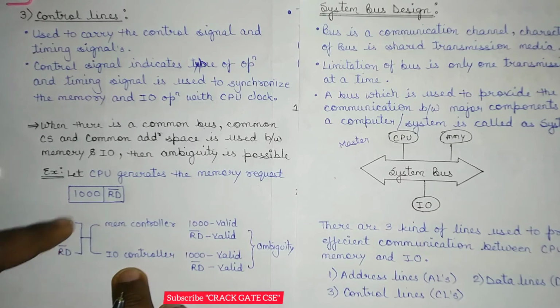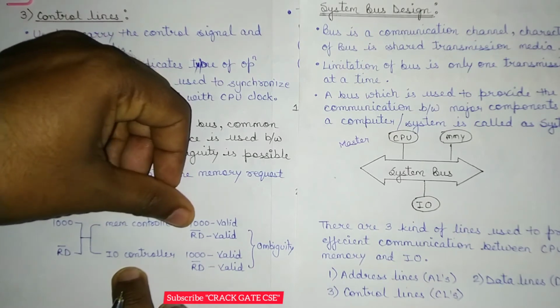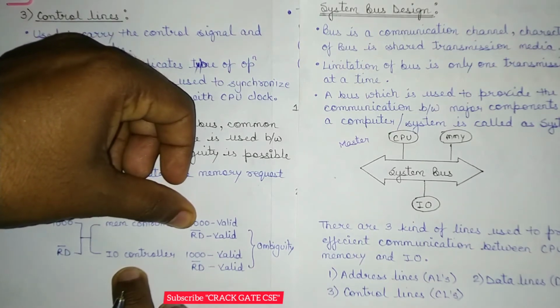Now this 1000 is already present in this memory. Let's say there is a cell which has the address 1000, and we know that in memory there are two control signals, read and write. So this 1000 location is valid, and this particular control signal is also valid.